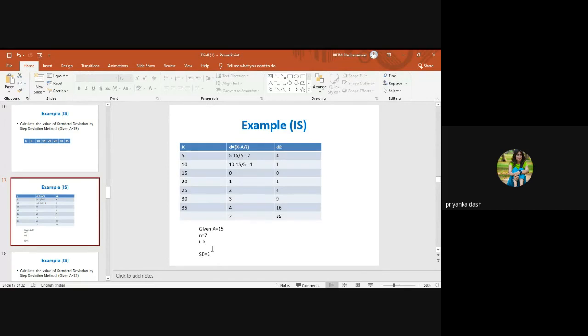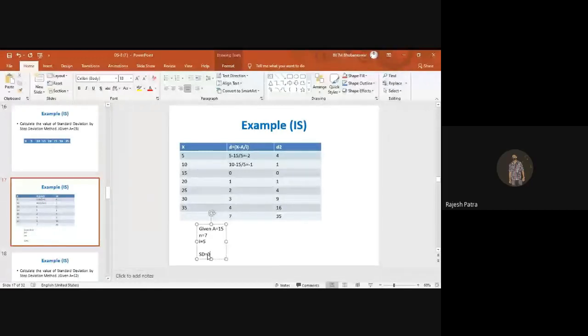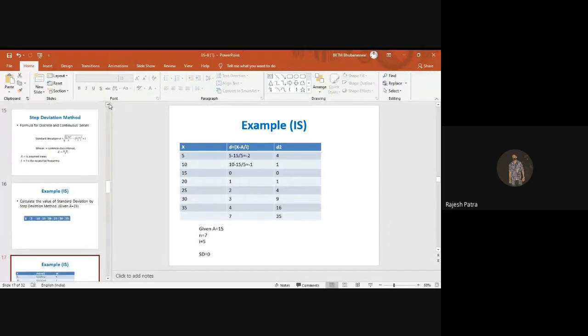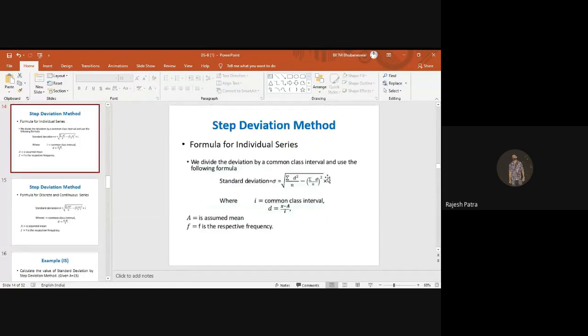We got the sum of d, 7, divided by n. The answer would be 0, sir. Answer would be 10.